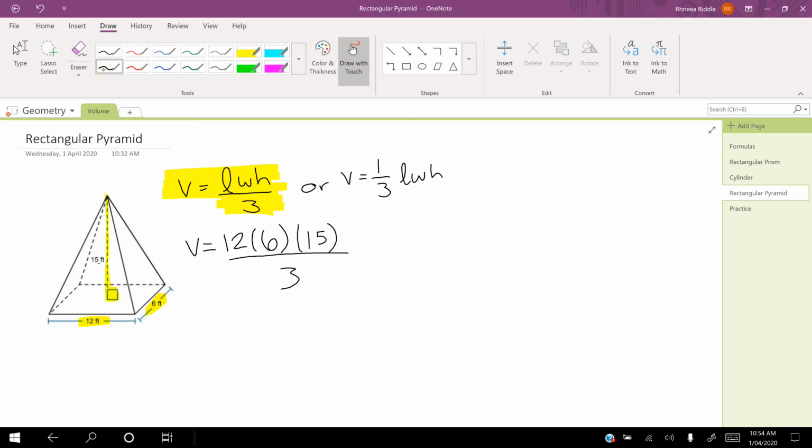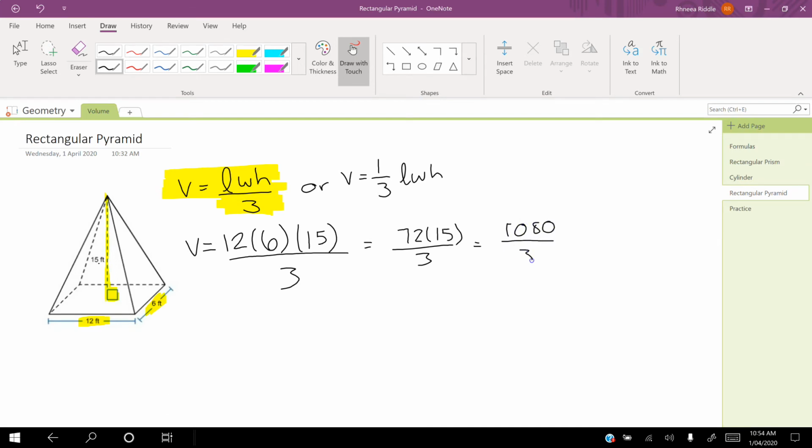So we want to go ahead and start multiplying at the top. So we can do 12 by 6. And that gives us 72 times 15 divided by 3. And now we want to do 72 times 15, which gets us 1080.